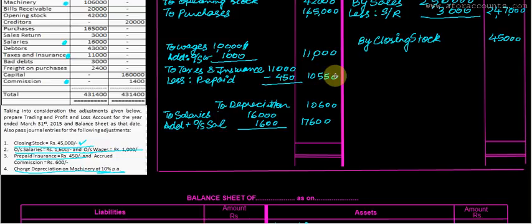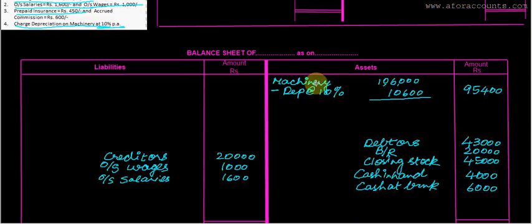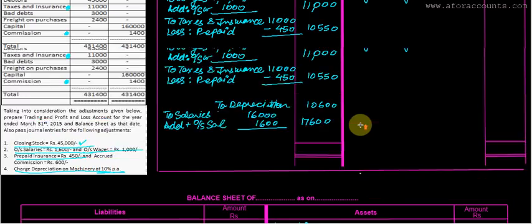And what do I do with the prepaid insurance? Prepaid insurance 450 is my current asset. I have paid it in advance, so it has to be my current asset.